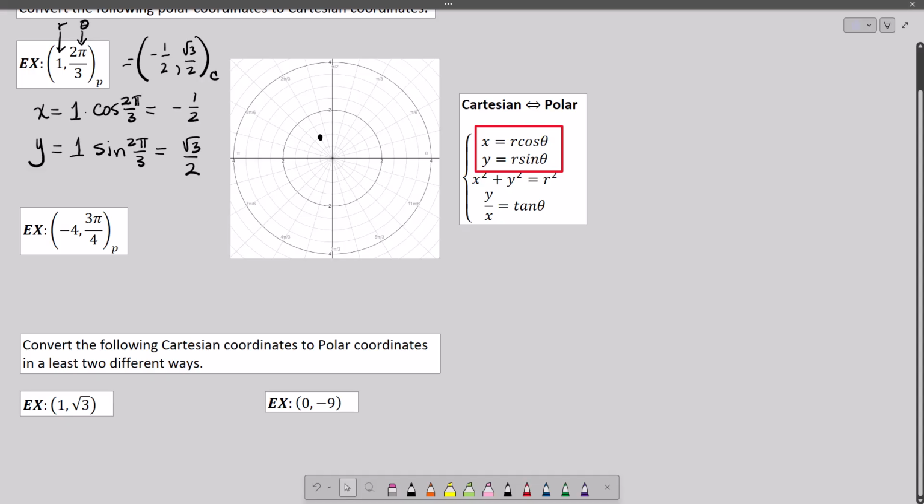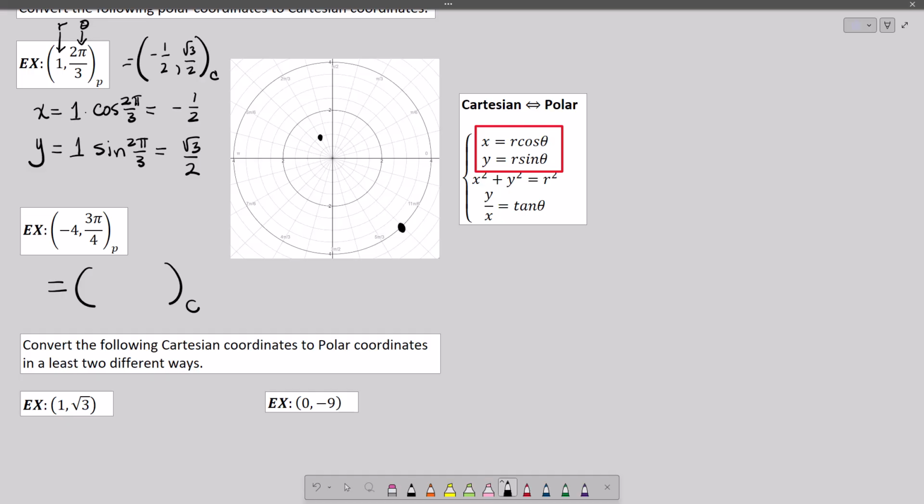How about that one, let's just do it geometrically here. So 3 pi over 4 is right here. And then if we go into the opposite quadrant, we're down there. What is that point in Cartesian?